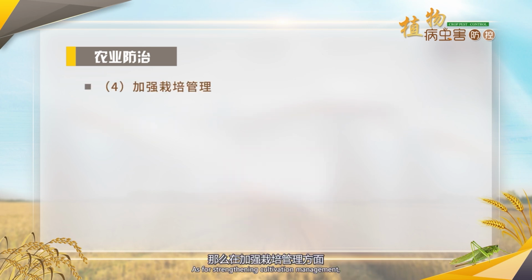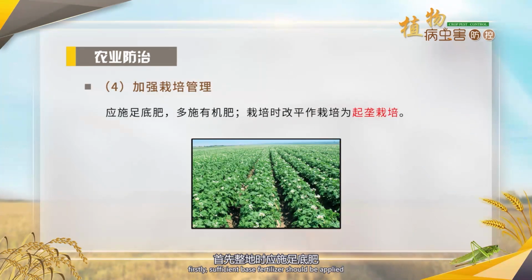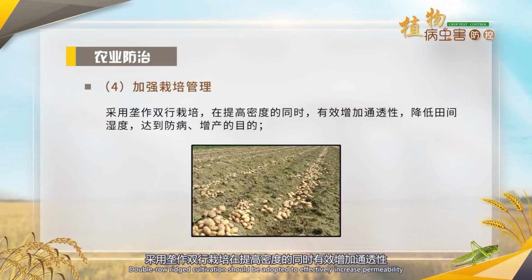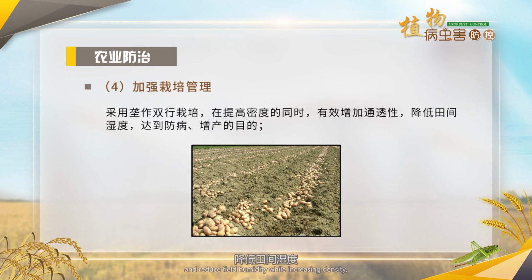As for strengthening cultivation management, firstly, sufficient base fertilizer should be applied, and more organic fertilizer should be applied during soil preparation. During cultivation, leveled cultivation should be changed to ridged cultivation. Double row ridged cultivation should be adopted to effectively increase permeability and reduce field humidity while increasing density so as to achieve the purposes of disease prevention and yield increase.